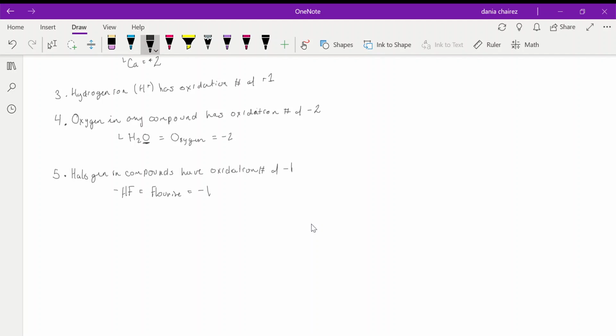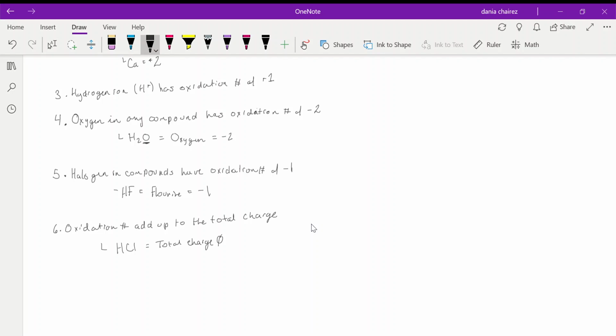And also, like I said before, oxidation numbers, well, okay, that's the sixth rule essentially, that oxidation numbers add up to the total charge. So an example of this, an easy one, would be HCl, where the total charge, so I'm going to write it over here, total charge is 0, right?